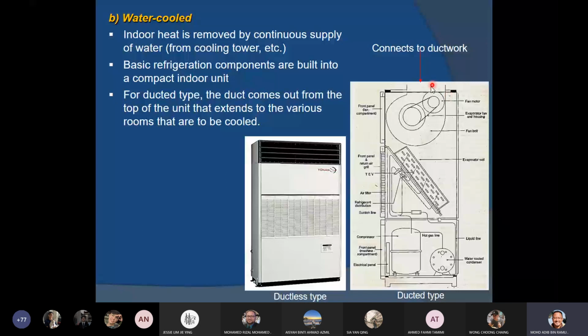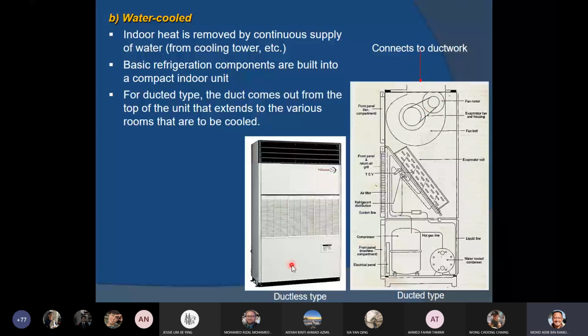So basically, the air from inside the room, right, is drawn into this package unit, and then it passes through the evaporator coil, okay, and then it gets to this ductwork. So basically, this is the centrifugal fan that blows cool air into the room. So this top part here is connected to the ductwork. So this is for ducted type.